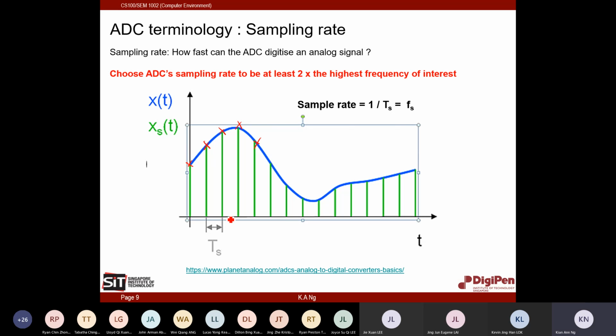So you will always hear this word, sampling rate. For the lab, I think it is a 1 megahertz clock, so the sampling rate is 1 mega samples per second. You always see this word MSPS, mega samples per second, which means in 1 second, your A to D converter samples its input 1 million times.